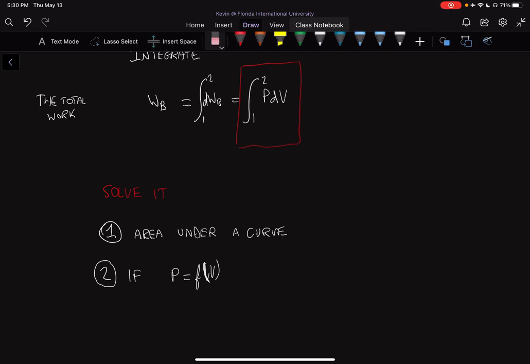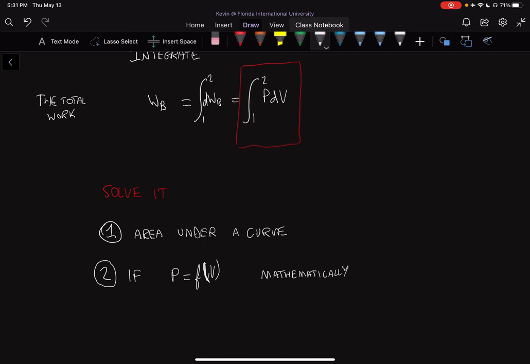If pressure is constant, we just go outside the bracket and then it's just P multiplied by the change in volume. So if the pressure is constant, we could solve it very simply by integrating 1 to 2 of dV and taking P out of the bracket. So if P is a function of V, we would be able to solve it mathematically. If not, we have to use the area under the curve.